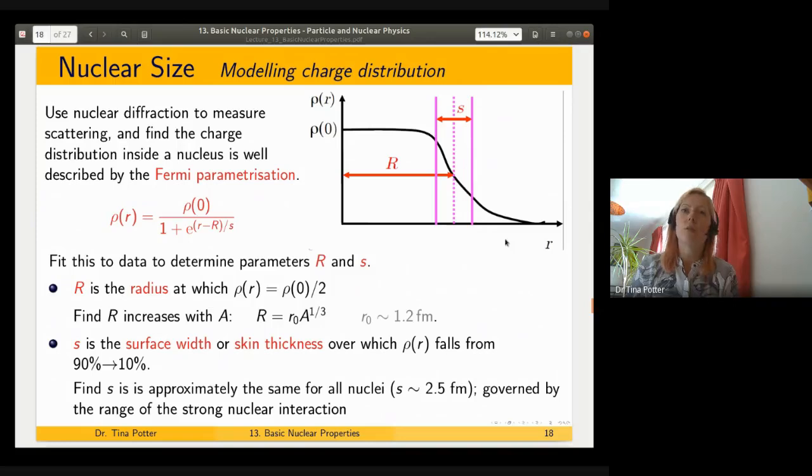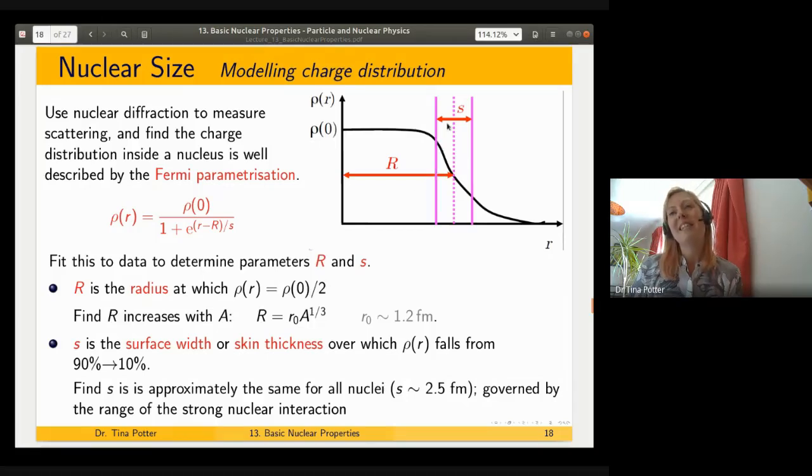And the way that it drops off is parameterized by two different parameters here. We've got the radius of the nucleus, and this is at the point where this rho 0 here, the charge distribution at r equals 0, drops off to half of its value. Okay, so that's what we're defining as capital R there. And we find, and I'll show you in a minute, that this actually increases with the cube root of the number of nucleons.